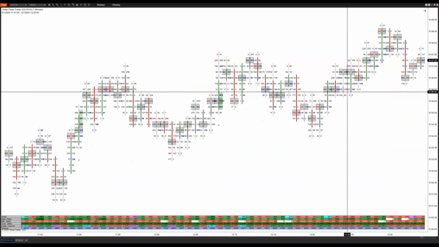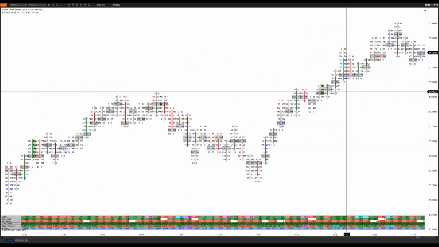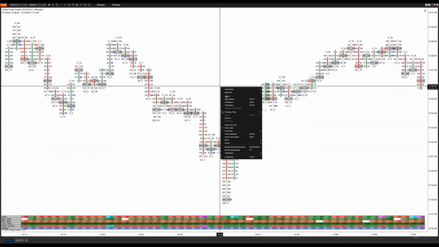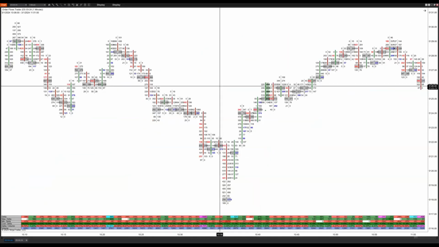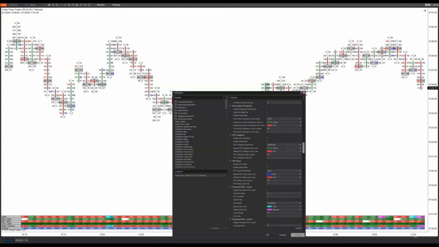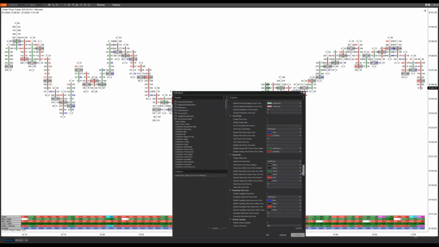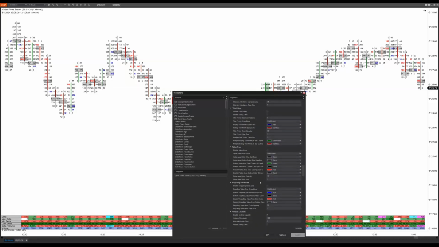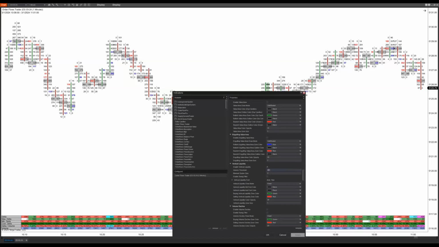So one of the things you could adjust: I set it at volume 400. You can adjust how many levels. So say you want to set it at vertical liquidity, 400.